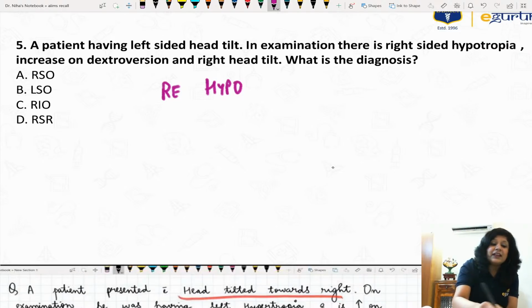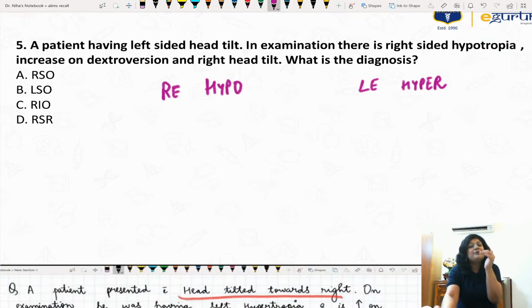Because we usually analyze and do the working on the patient with respect to hypertropia. So if I am getting right eye hypotropia, I will say that this is a left eye hypertropia. So let us see what are the muscles that can be involved.